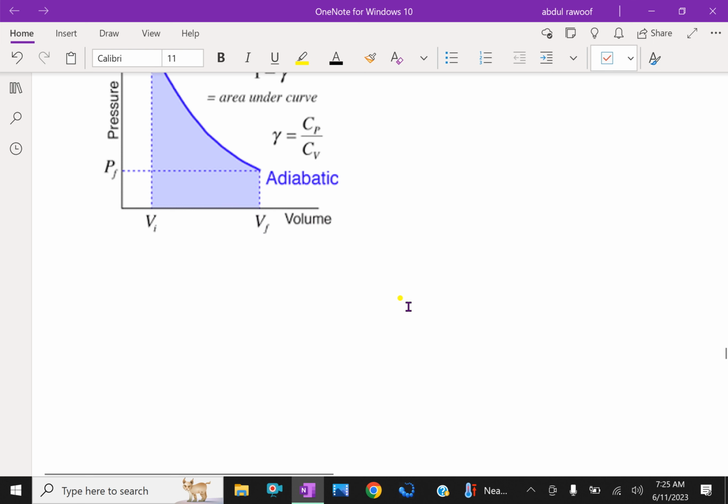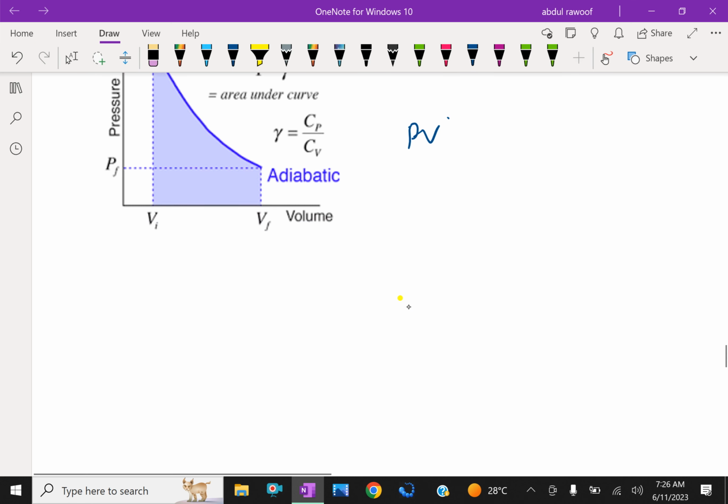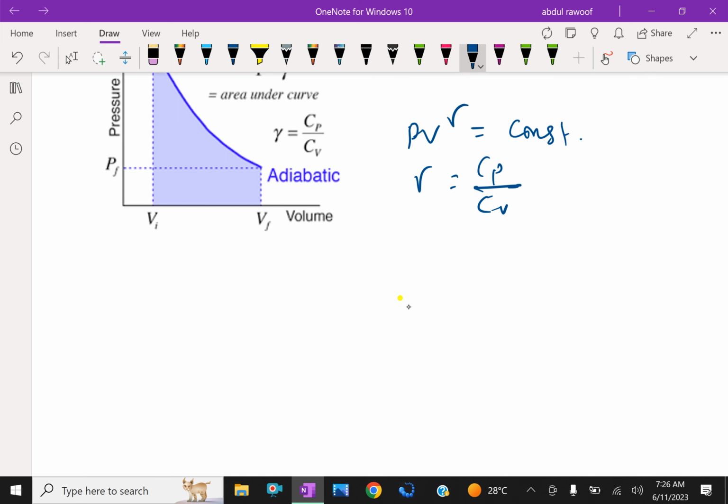Look here. First, for the adiabatic curve, we know that PV to the power gamma equals constant, and gamma equals Cp by Cv.